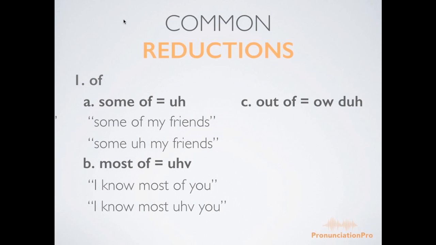So out of versus out of. Get out of here. Hey, get out of here. Hey, you need to go. Get out of here. Okay, that's more of the way it's pronounced.